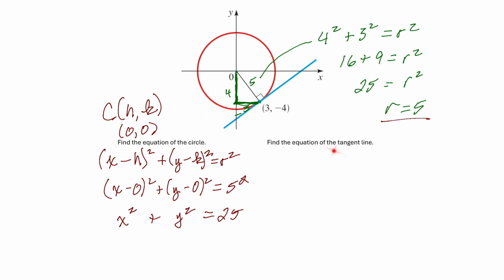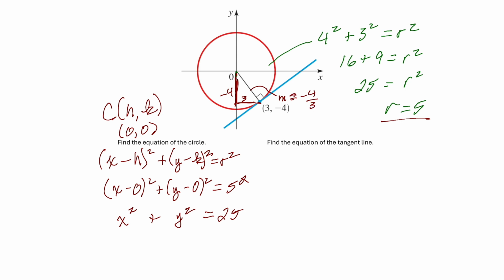The second part of the problem says you need to figure out the equation of this line. So let's make some room here. I'll erase a little bit. And maybe I should put this back up there. If I go down 4, then I go right 3, I know that the slope of this is going to be down 4, right 3, negative 4/3.